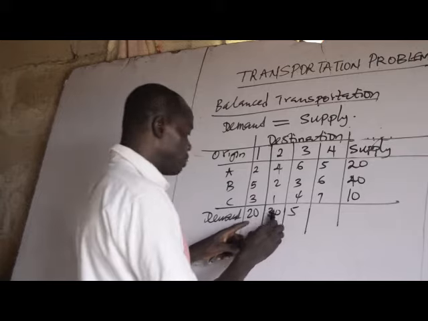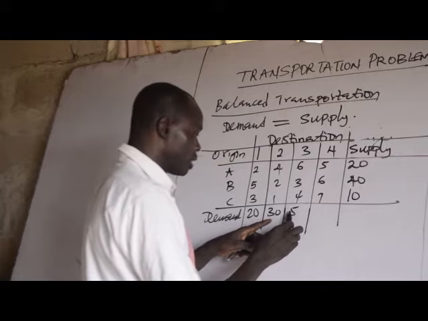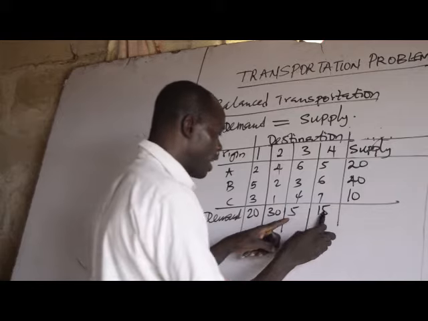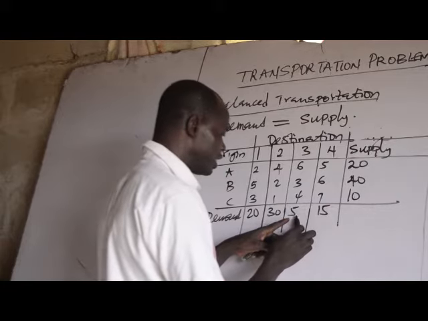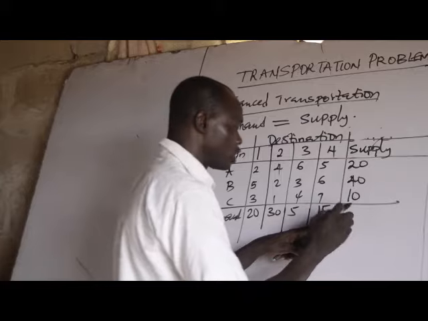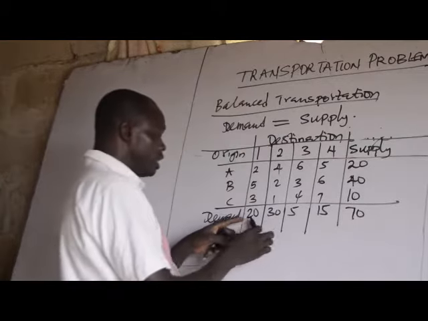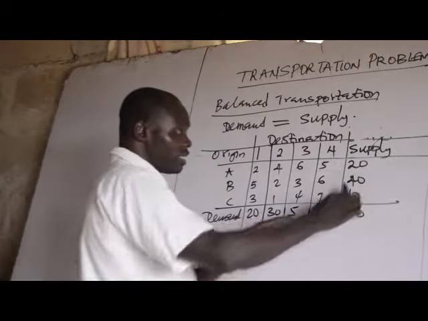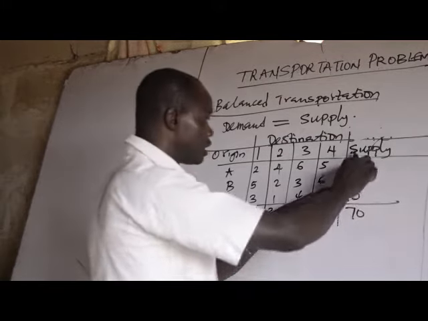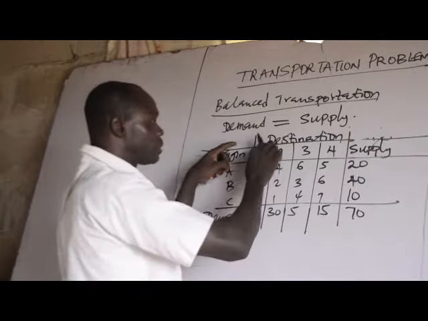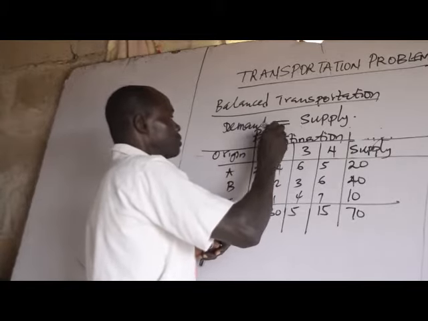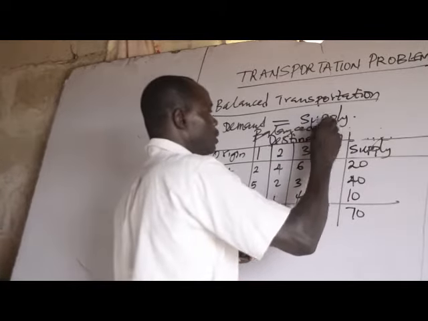This is 20 plus 30, that is 50, plus 5 is 55. Then if this is 15, 55 plus 15 is 70. So the demand here is 70 and the supply is also 70. That kind of problem is said to be balanced.